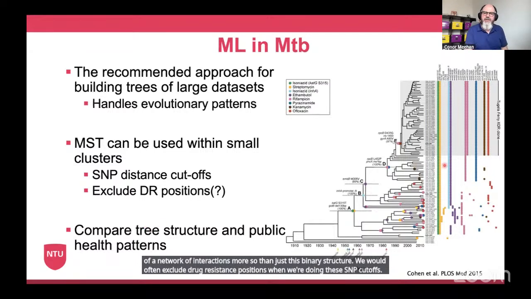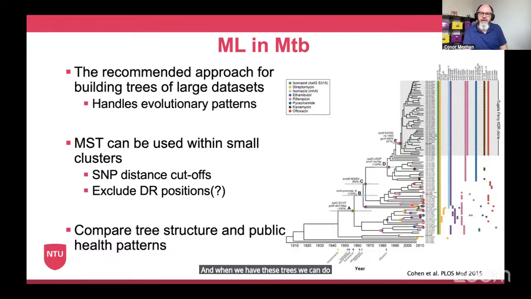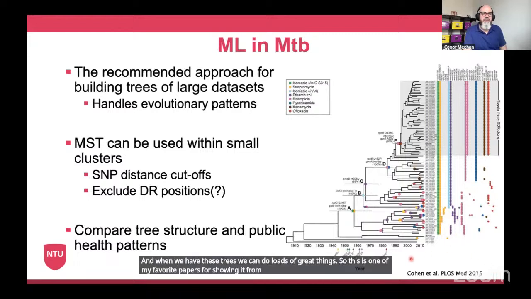And when we have these trees, we can do loads of great things. So this is one of my favorite papers for showing it from 2015. This is from KwaZulu-Natal in South Africa. There's a large multi-drug resistant ongoing clone that spreads in that area. And you can see that they have samples kind of going back into the 90s and stuff.